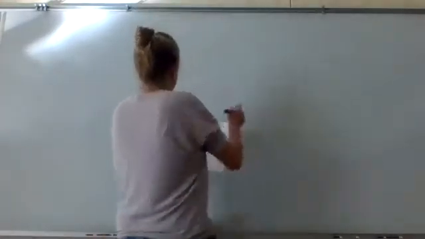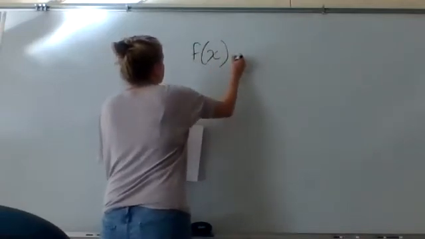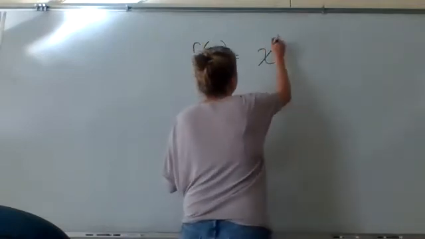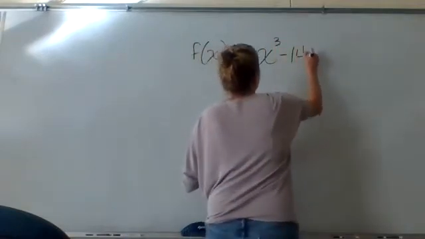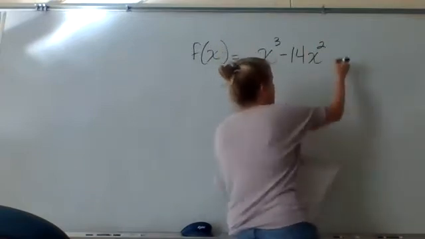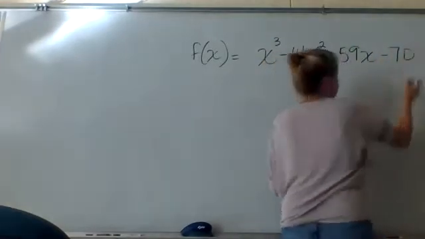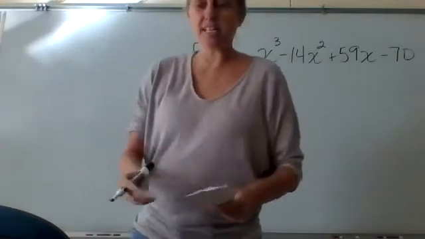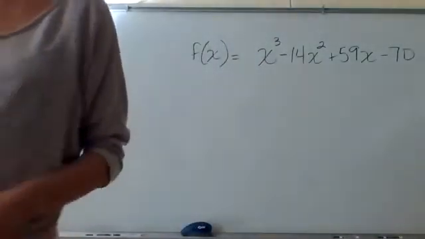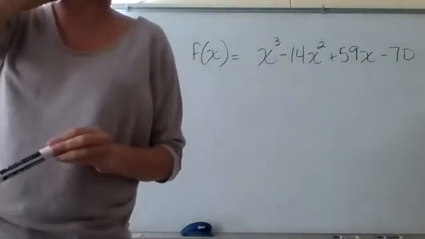It'll give you a function like number 1 says, f of x equals x cubed minus 14x squared plus 59x minus 70, and then it tells me to find 3 different values. It wants me to find f of 2, f of negative 5, and f of 7.